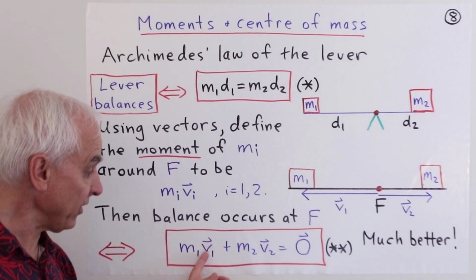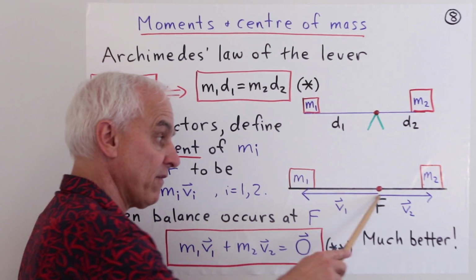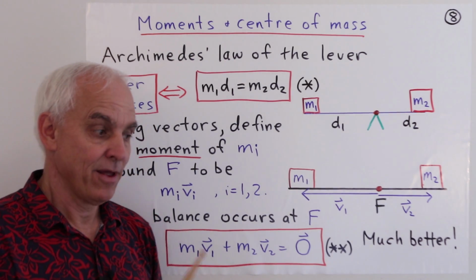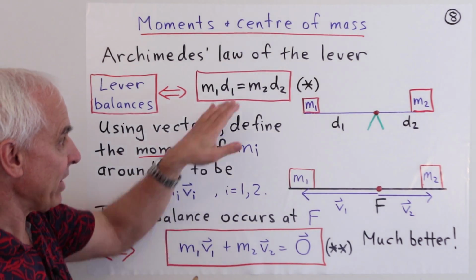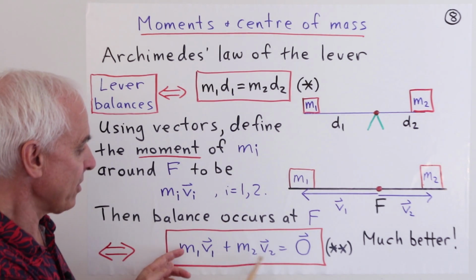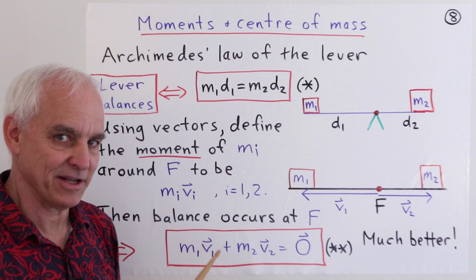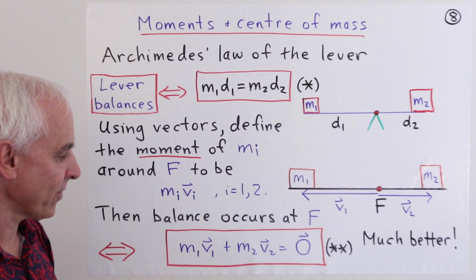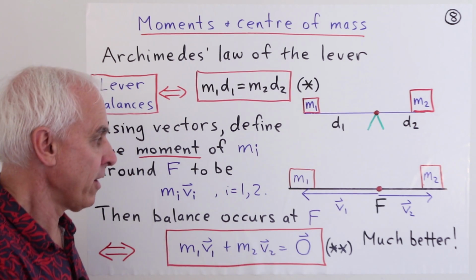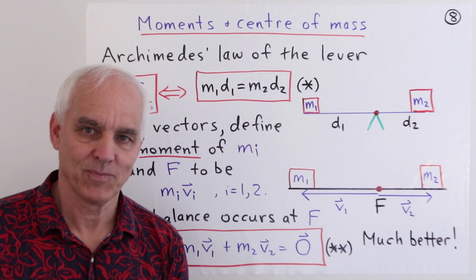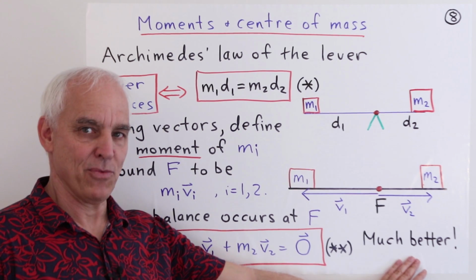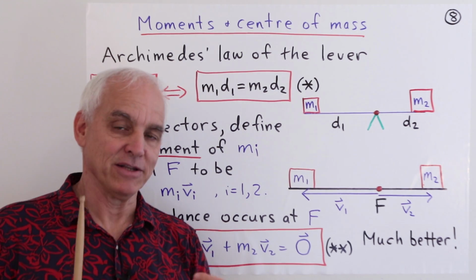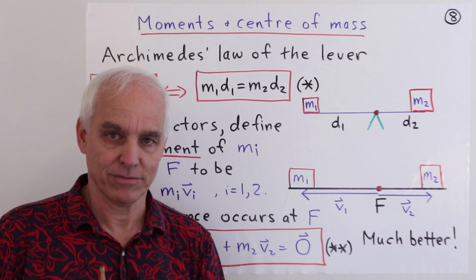But over here with these vectors, vectors can be positive if they're in that direction, and they'll be negative if they're in that direction. So that allows us to replace this equation with this equation where everything is on the left-hand side: M1V1 plus M2V2 equals 0. That's the condition that we require for balance. This is a very powerful way of writing. This is actually a much better way of thinking about the balance condition, or Archimedes' law of the lever.